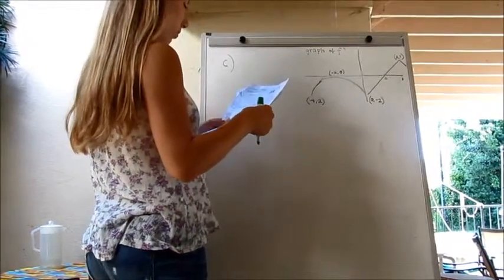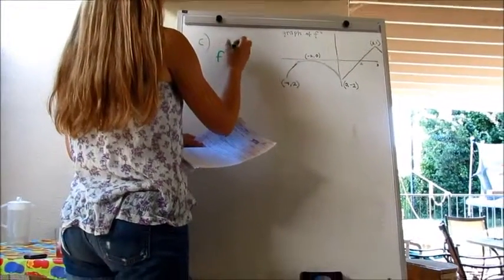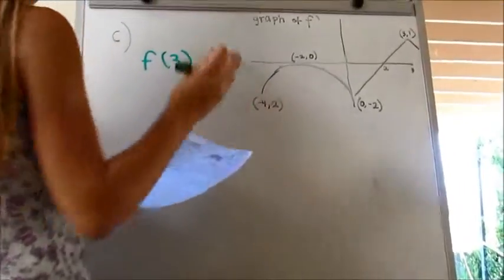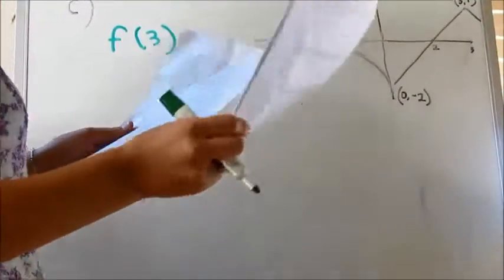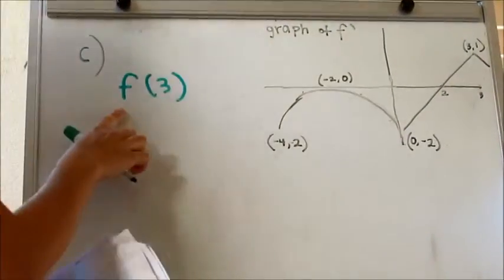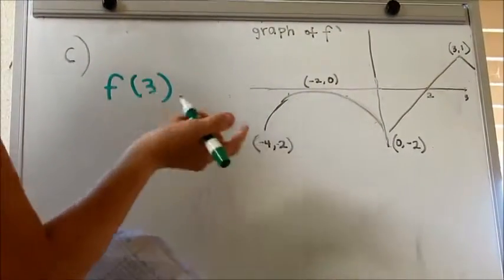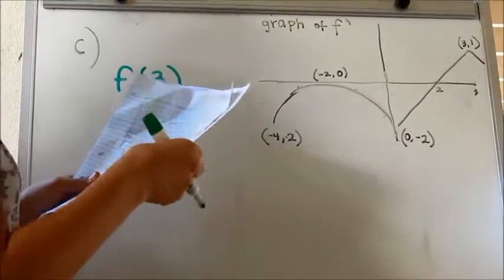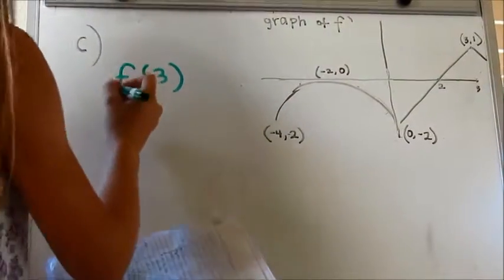For the second part of this question, we need to find the position of f at x equals 3. So, you need to find f of x, you need to take the integral of the derivative, as we said before.